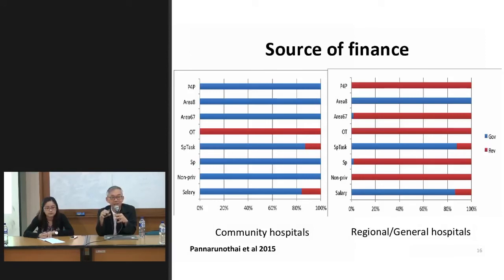So if we think about the prerequisite, where the money should come from, that is also another important issue.